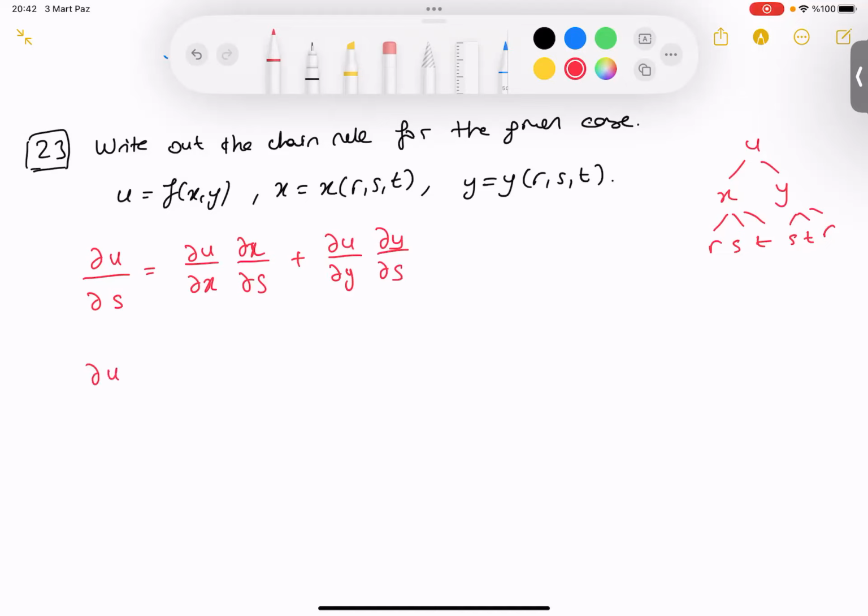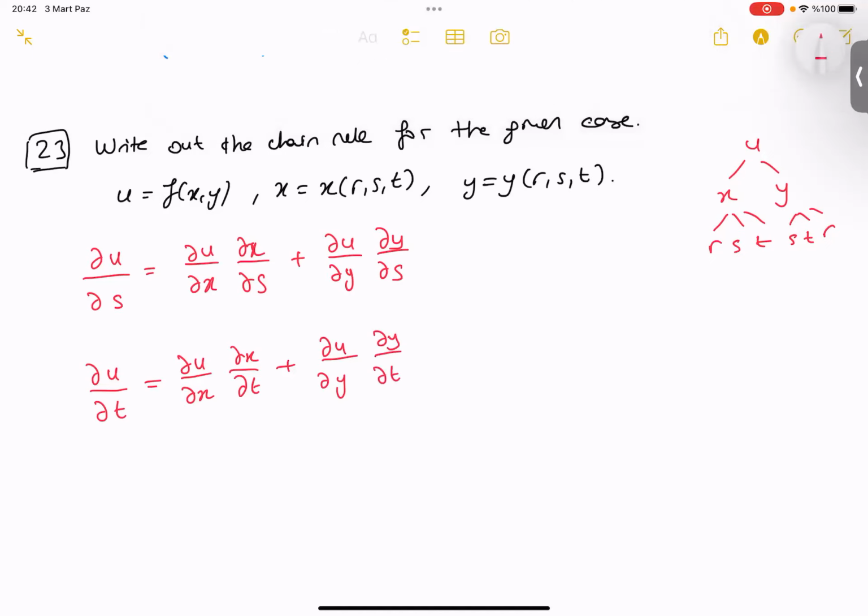So as you can guess, du over dt is then equal to du over dx, dx over dt, plus du over dy, dy over dt, right? And finally, du over dr, du over dx, dx over dr, plus du over dy, dy over dr.